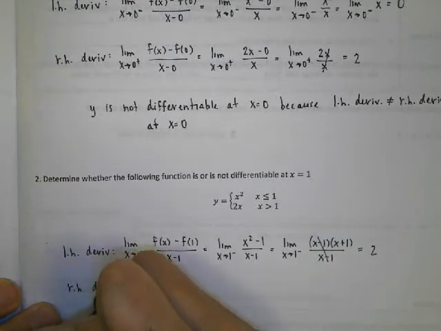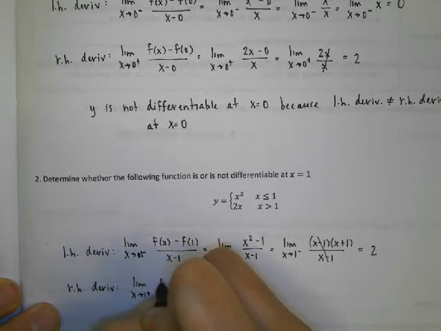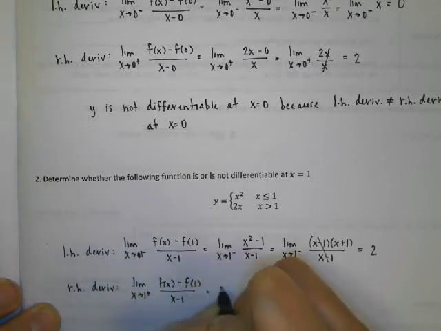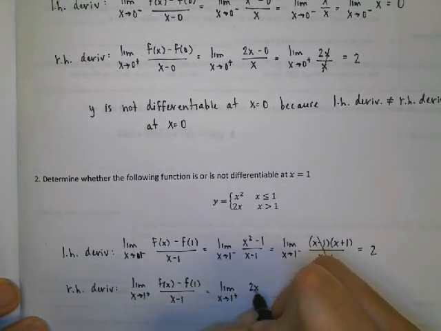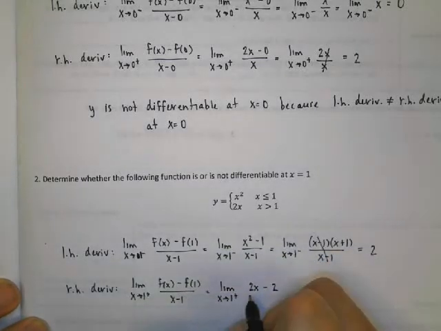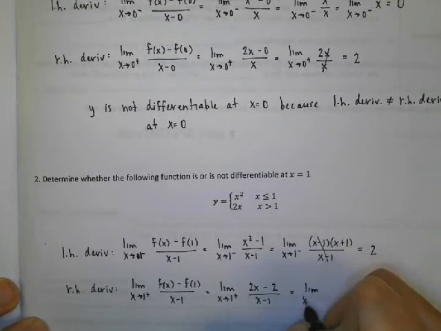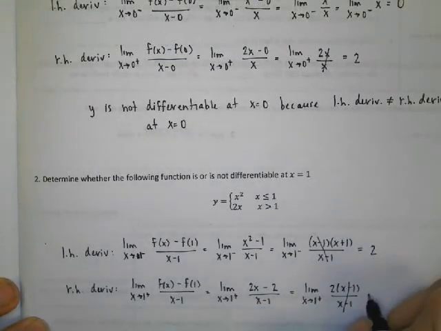Now we'll check our right-hand derivative. Now I'm approaching 1 from the right. If I approach from the right, now my function is 2x minus 2 over x minus 1. And so I'm going to factor out a 2 of my numerator, and I now have that factor cancel.